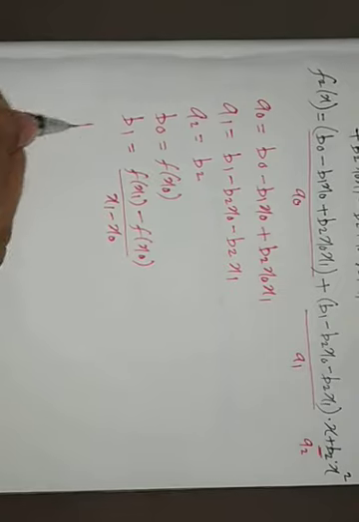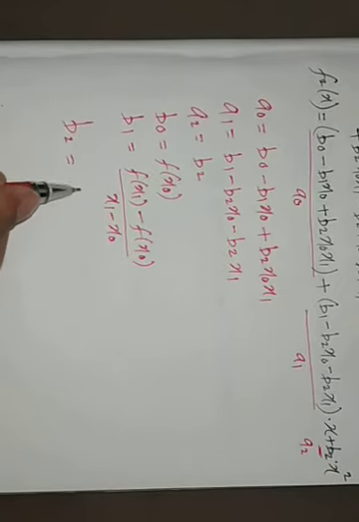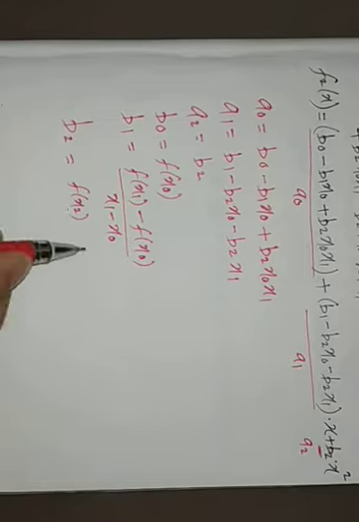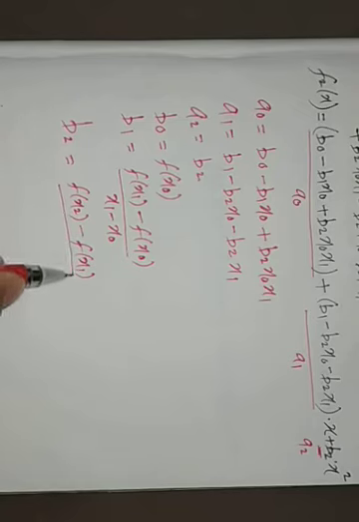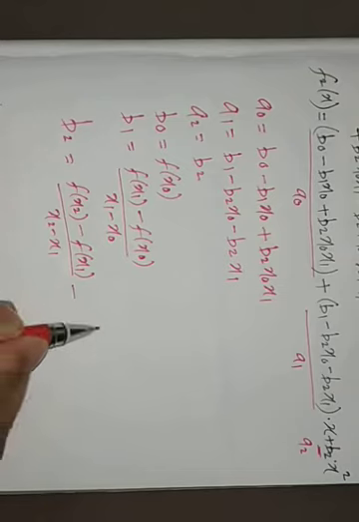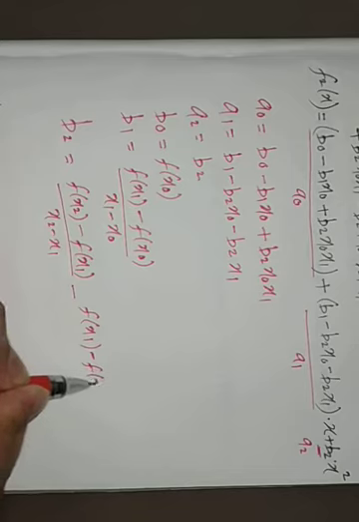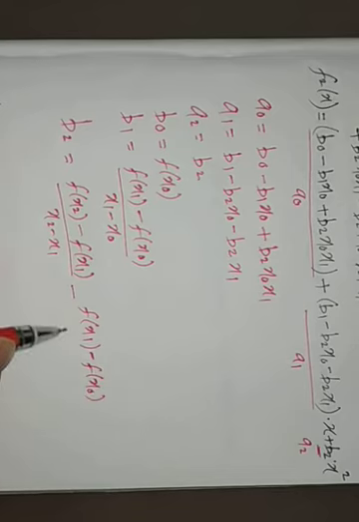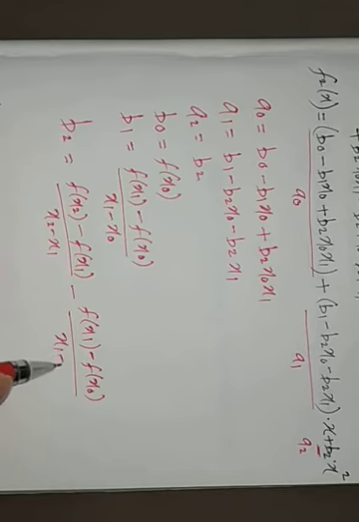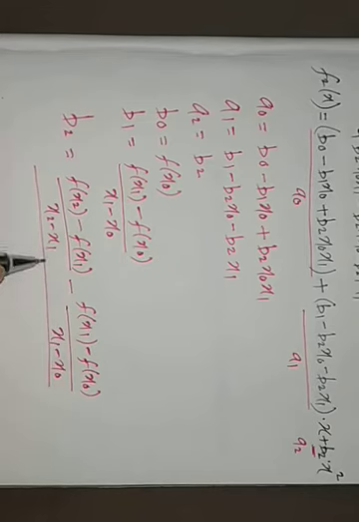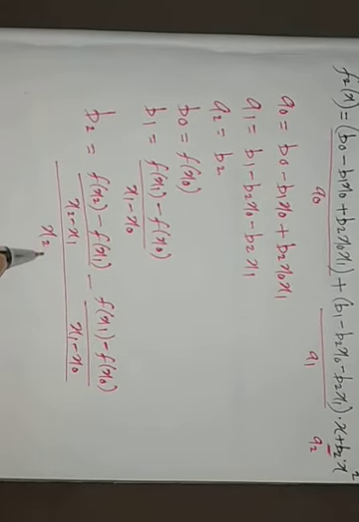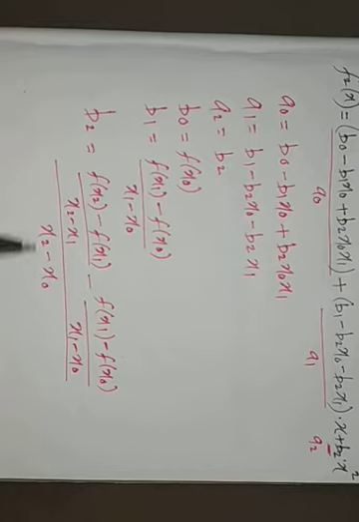and b2 is equal to f of x2 minus f of x1 divided by x2 minus x1 minus f of x1 minus f of x0 divided by x1 minus x0, and this whole divided by x2 minus x0.